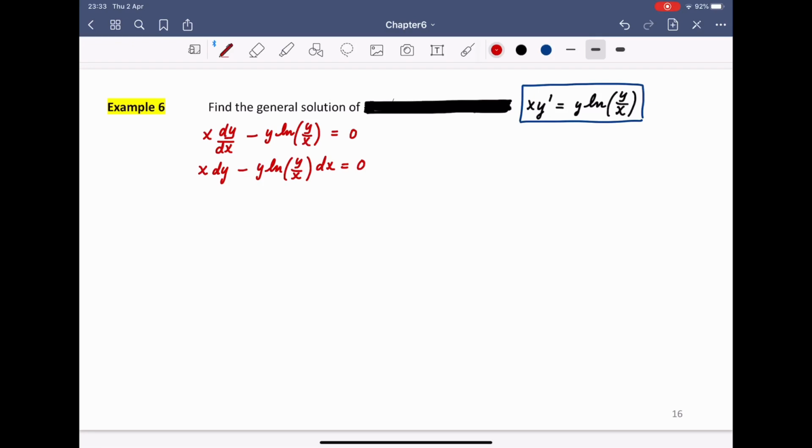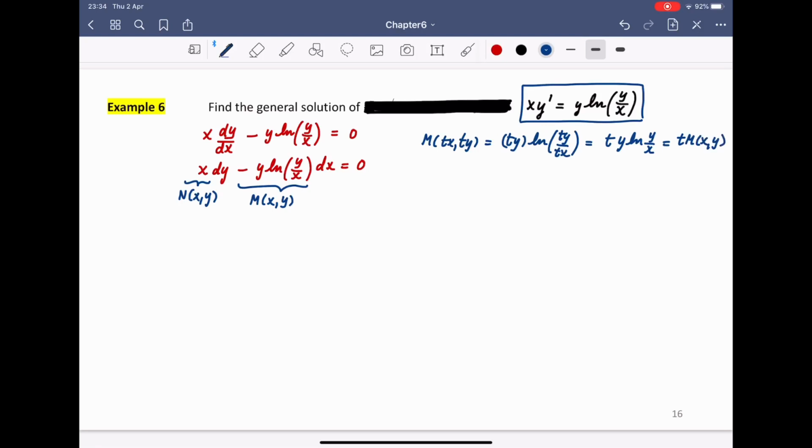Once you have this equation, you can see that this is your M, negative y log y over x, and this is your N, which is just x. So you have M(tx, ty) equal to ty times log ty over tx. This is just t times y log y over x, so this is actually t times M(x, y).